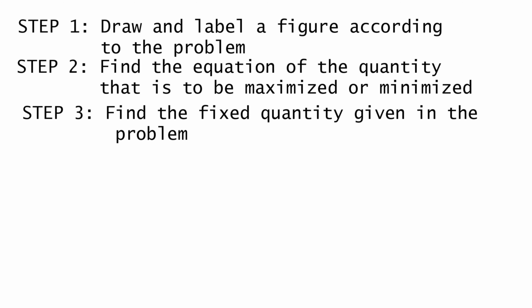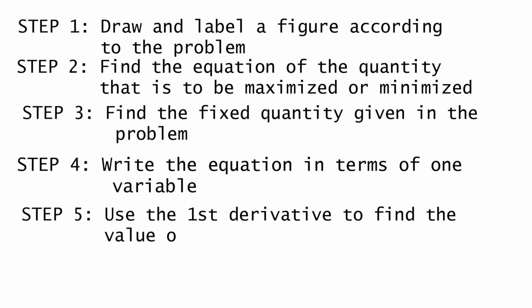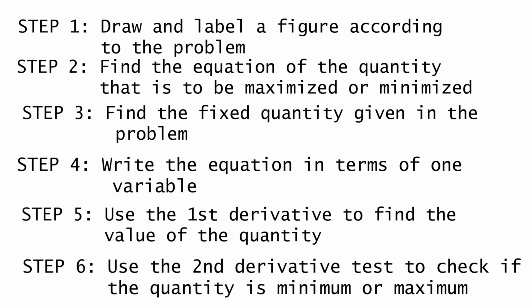Find the fixed quantity given in the problem. Step 4. Write the equation in terms of one variable. Step 5. Use the first derivative to find the value of the quantity. And step 6. Use the second derivative test to check if the quantity is minimum or maximum.